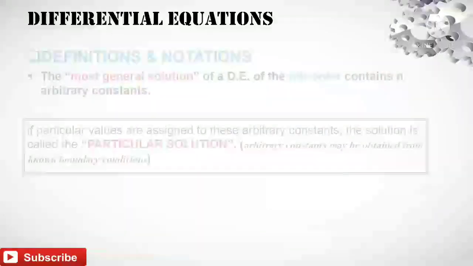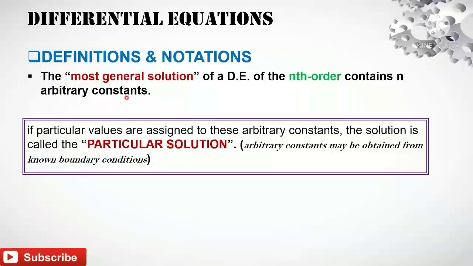Proceeding, the most general solution of a differential equation of the nth order contains n arbitrary constants. Kindly take note of this, because later in our succeeding topics you can fully understand this statement, especially if you are dealing with the nth order of the differential equation.